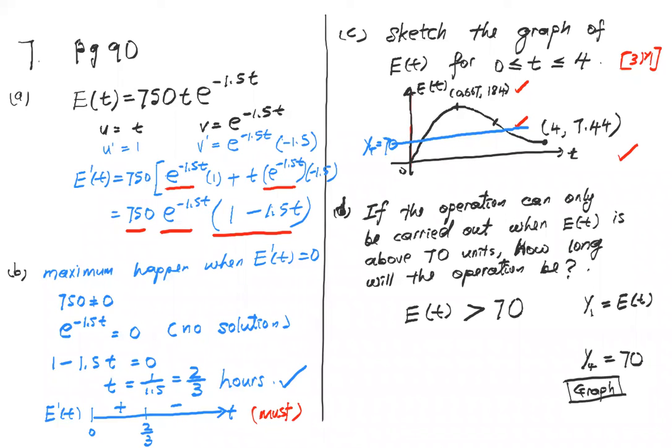So you see, I want E(t) to be more than 70, correct? So that means the graph of E(t) must be above the blue line. So this is the crucial point, point A and point B. So I have to find t1 and t2. These are called points of intersection. So the period will be t2 minus t1.